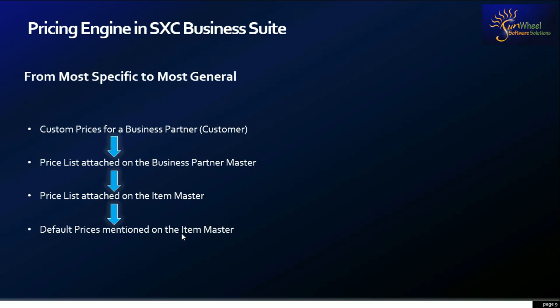what is desired. So you might have different price lists in the system, and each price list might govern prices of different maybe category of items or type of items. So for example, you might have some premium products which are typically purchased by premium customers.